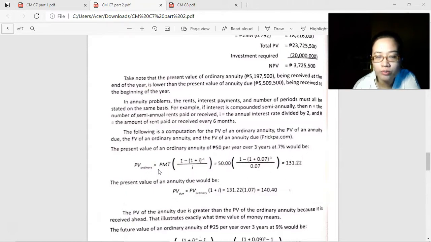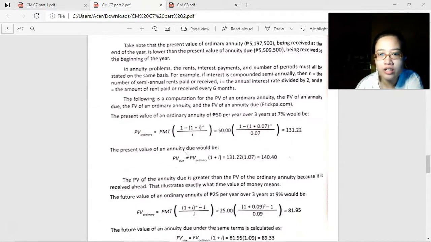be, ganitong formula niya, PMT multiplied by 1 minus 1 plus interest rate raised to negative N, over the interest rate equals 50 pesos times 1 minus 1 plus 7% raised to 3 years divided by 0.07. Okay? So, yan. Paggagamitan nyo ng calculator.